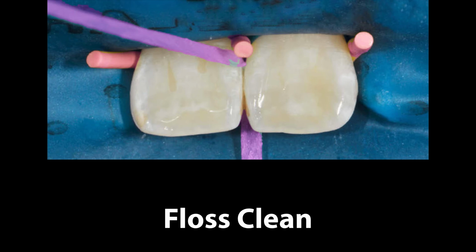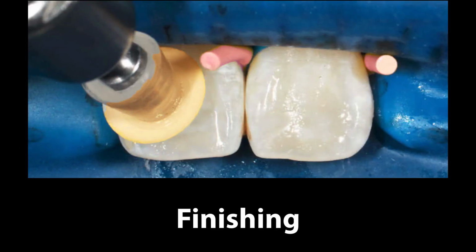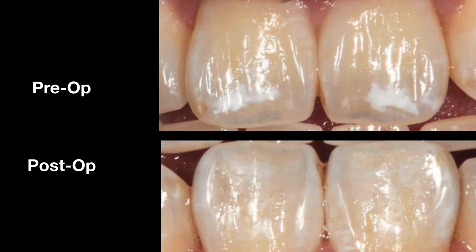Otherwise, once it is cured, the contact will be blocked. Now the light cure is performed to cure this resin permanently. After finishing, we have modified the refractive index to a more uniform one, as you can see in the pre-op and post-op images.